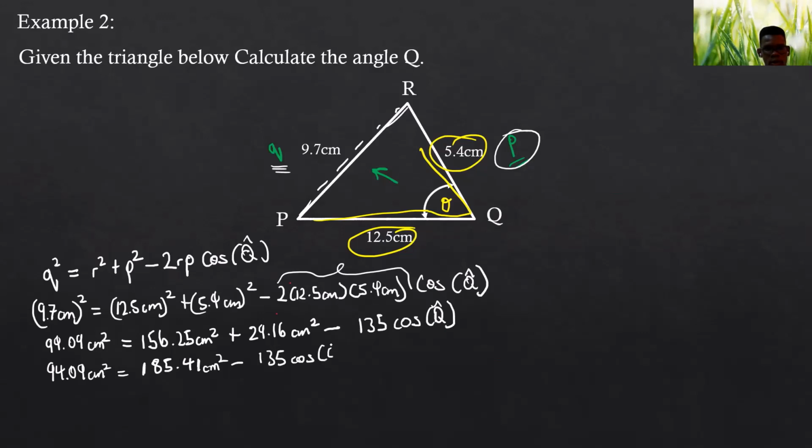Now let's transpose, carrying this over the equal sign. This is positive, so when it goes over, it becomes subtraction.